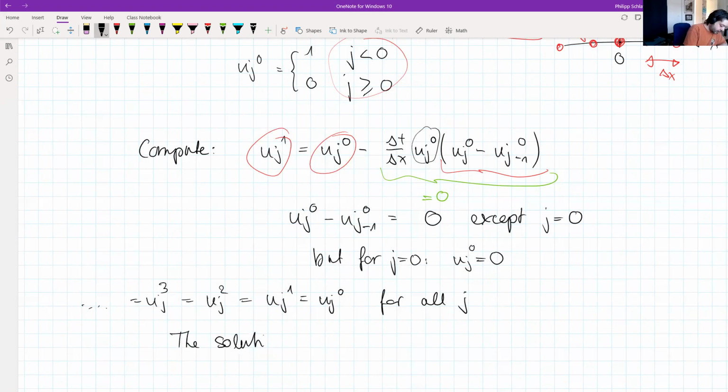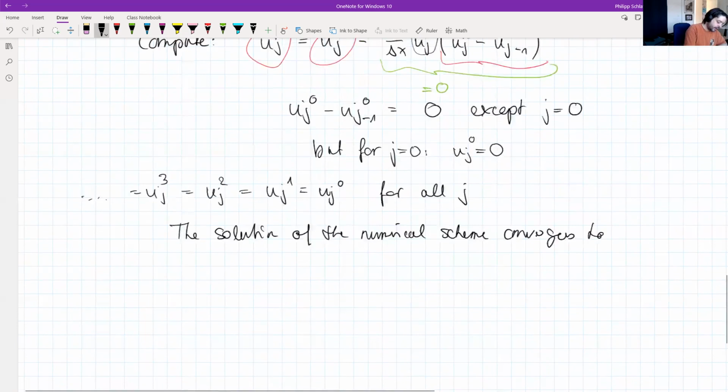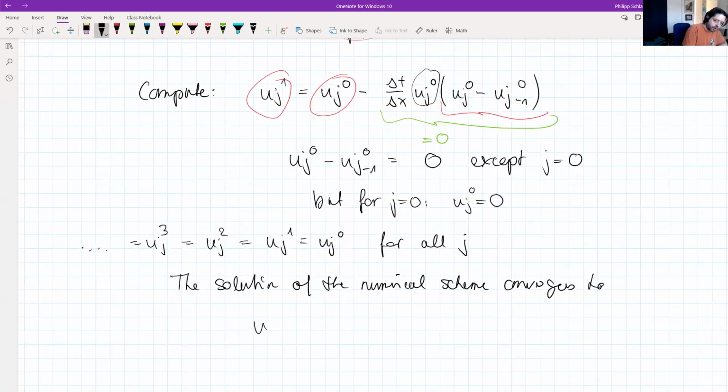The solution of the numerical scheme converges to u of x comma t being the same as u0 of x. Obviously, this is incorrect.